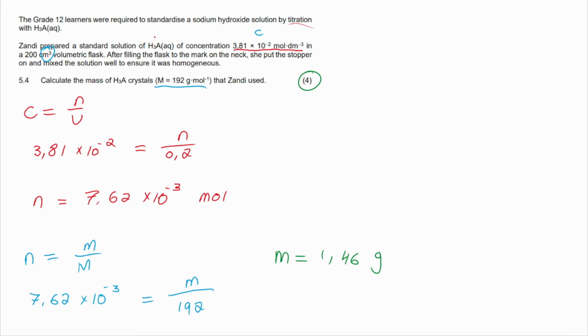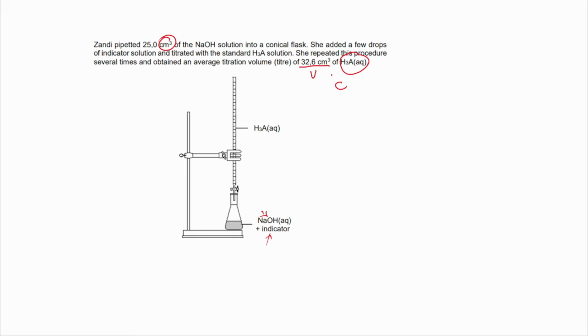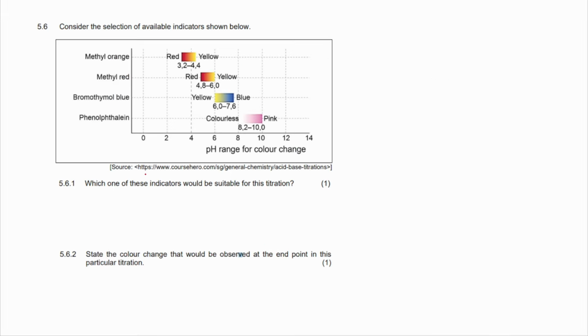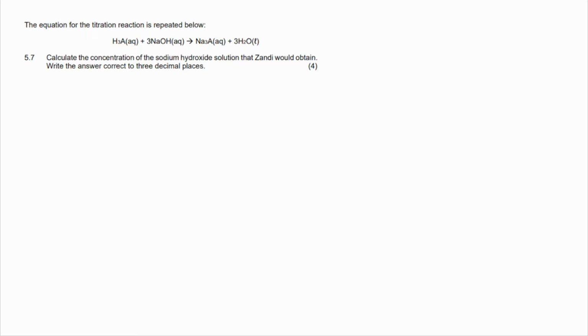So we're going to have a volume and a concentration. We can put that into moles. Then we're going to use a mole ratio, and then we're going to work out moles of sodium hydroxide, and then we're going to work out concentration from that. Okay, that's the process for titration, guys. That's the process you'll see in question 5.7. That's going to be our titration.